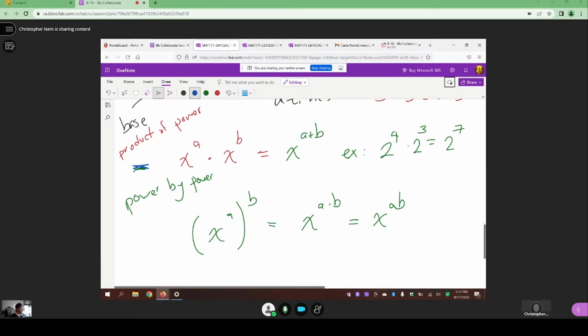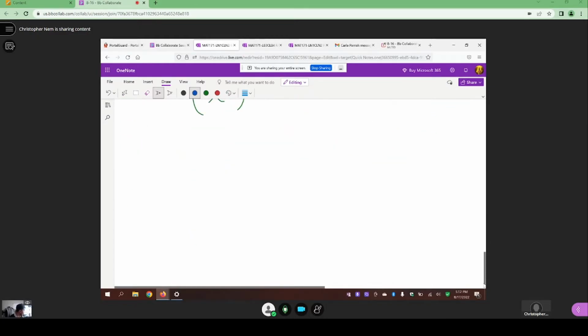So if I multiply factors with the same base, I add the exponents. If I raise an exponent to an exponent, I'm going to be multiplying the exponents out. I encourage you guys to try to figure out why this works. There are reasons why this works. Next, we have another one.